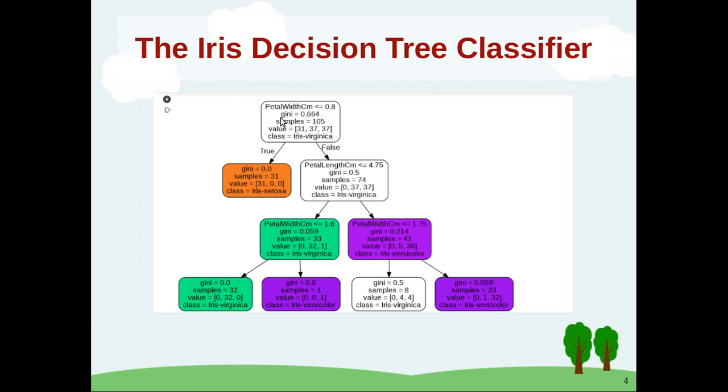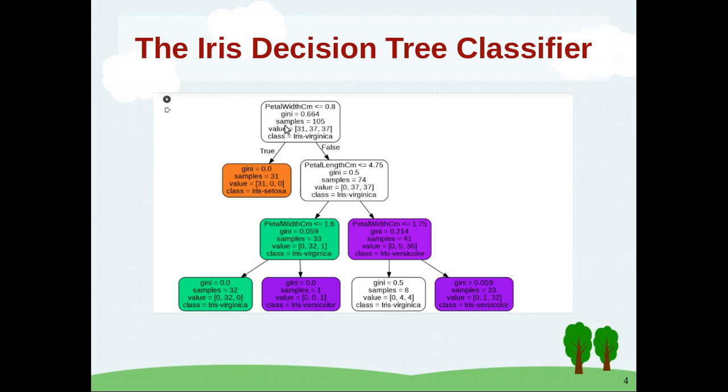Now the other term used here is Gini index. This is a very important term. This is the unit for homogeneity. The less the Gini index is, the more homogeneous that particular group is.